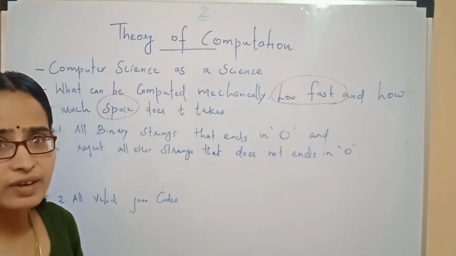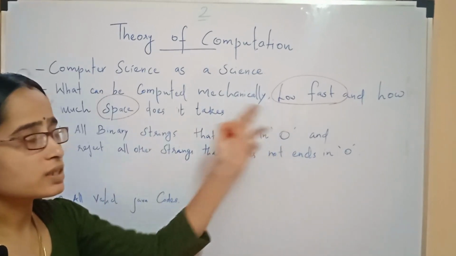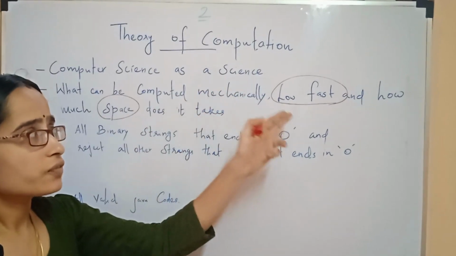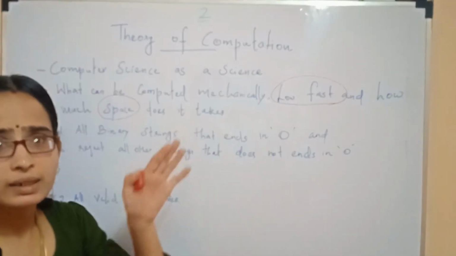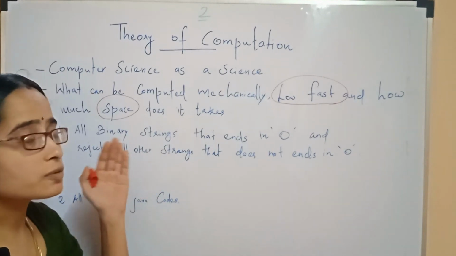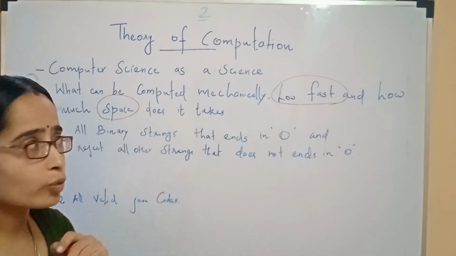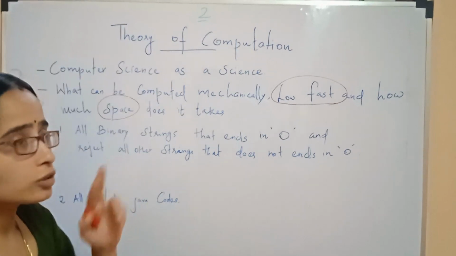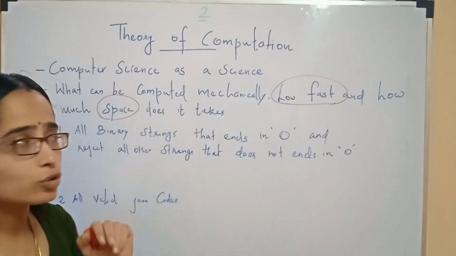So two things were there: the first one is time complexity, the second one is space complexity. The first is how fast the machine works for a given set of problems, and the second is how much space it occupies to get the solution. These are the two major things we have to note down.